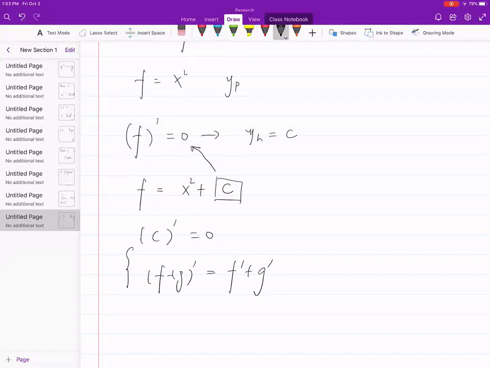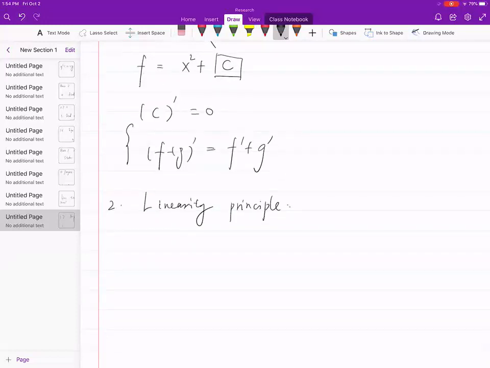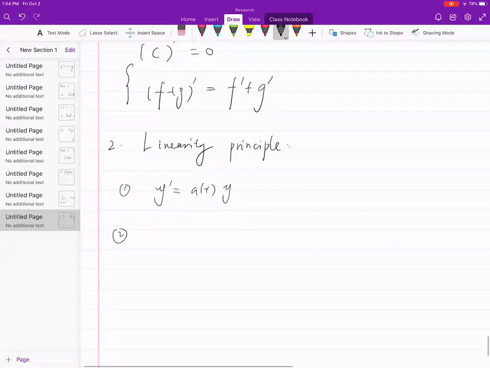Yeah, all right. All being said, now we can just write down whatever is in the book. The idea is already here. Linearity principle. Okay. Number one, we have the homogeneous. Number two, we have the non-homogeneous.